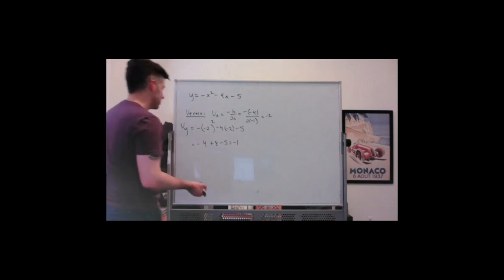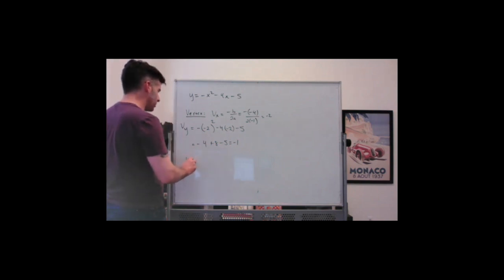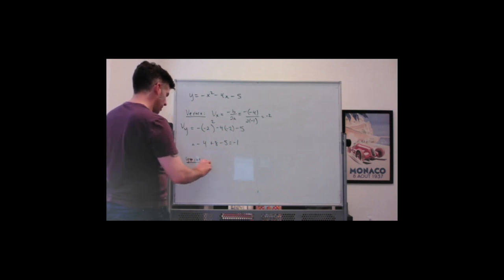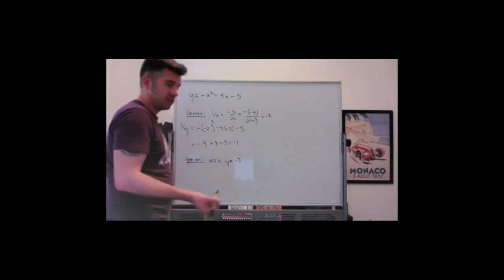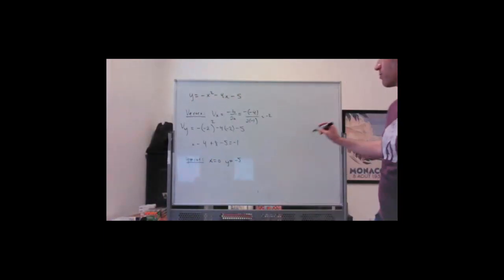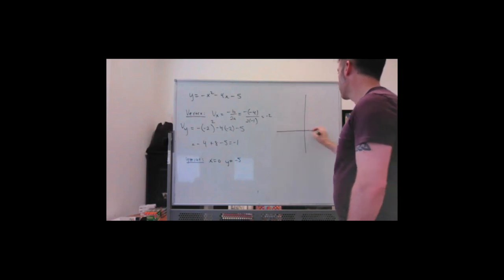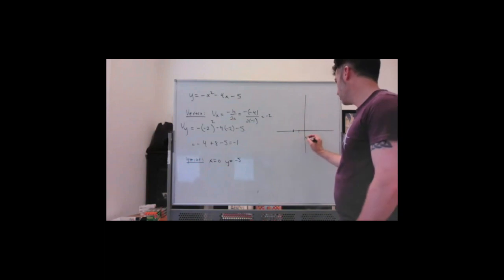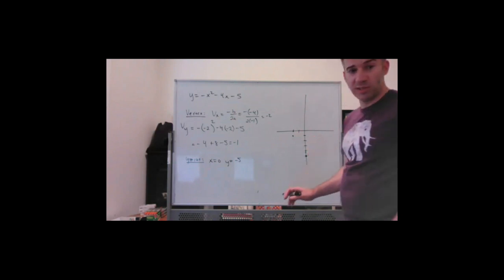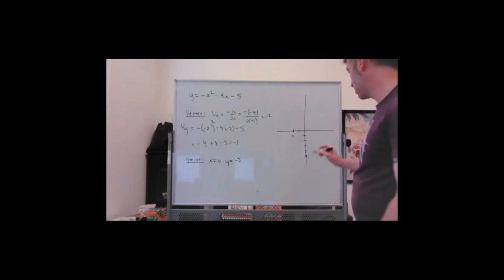Okay. So my y-intercept, on the other hand, set x equal to 0, you're going to get y equal to negative 5. So if I start graphing things, my vertex is over here at negative 2, negative 1. And my y-intercept is over here at negative 2, 3, 4, 5. And this opens downward, so I don't have an x-intercept.